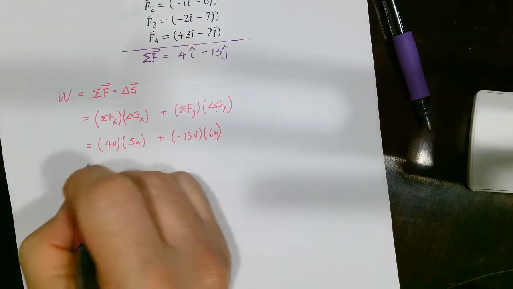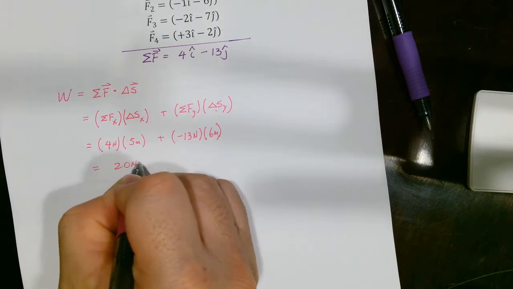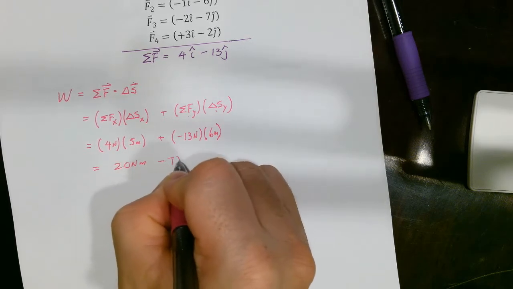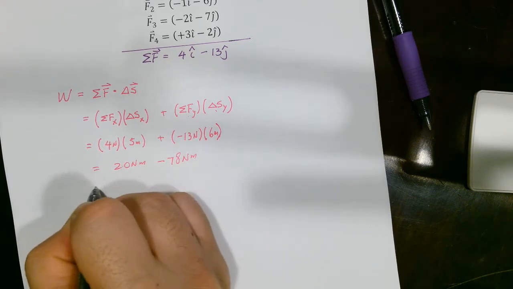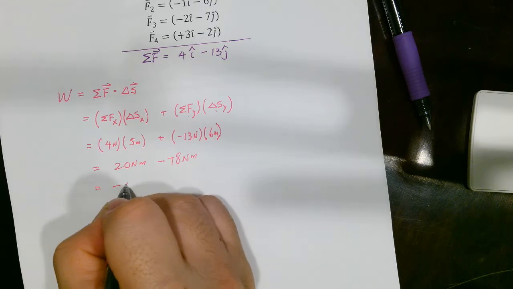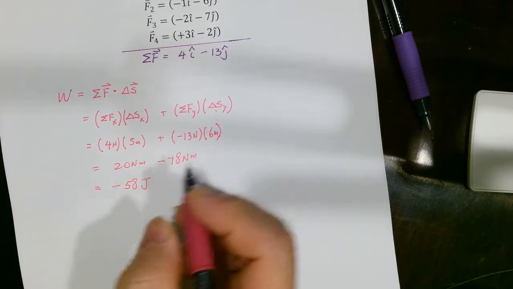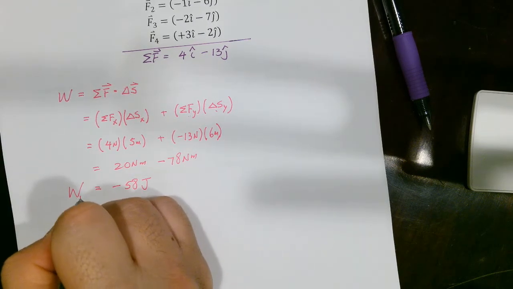If you work it out, you get 20 newton meters minus 78 newton meters, which comes out to negative 58 joules as my net work.